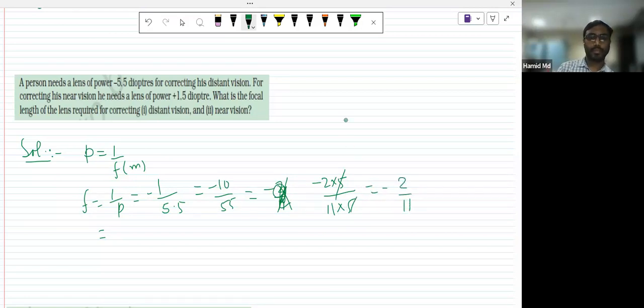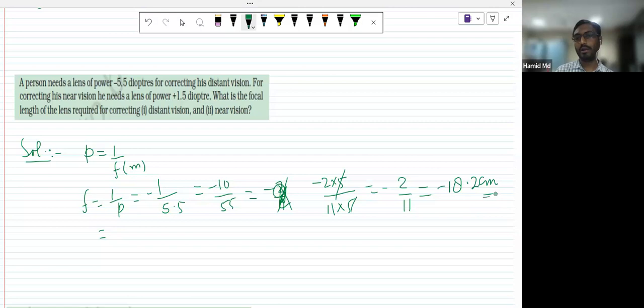So this will be the solution: minus 0.1818 meter, and the final answer is minus 18.2 centimeters. We change it into centimeters, right?